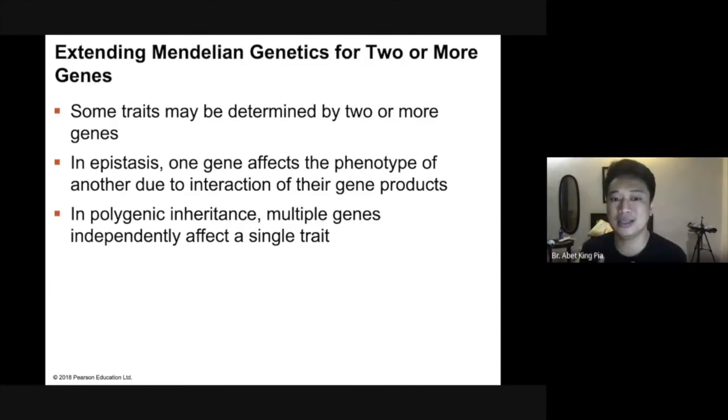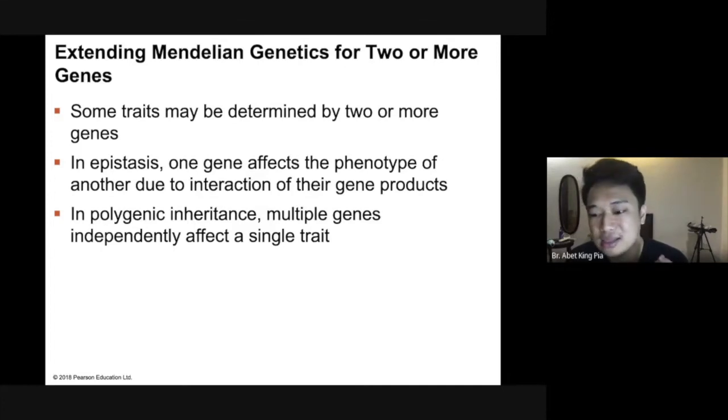In epistasis, pag hindi nagpakita yung isang gene, pag naging recessive yung isang gene, therefore hindi magpapakita yung phenotype. Pag polygenic naman, multiple genes yung kailangan.